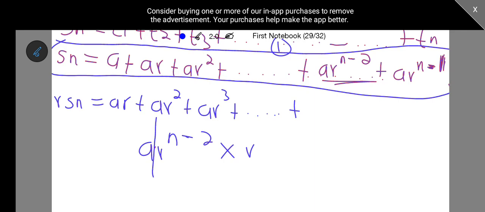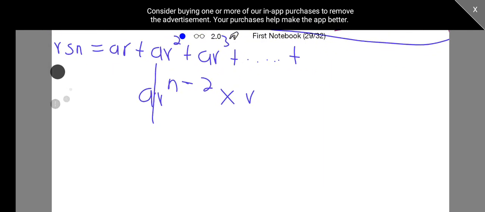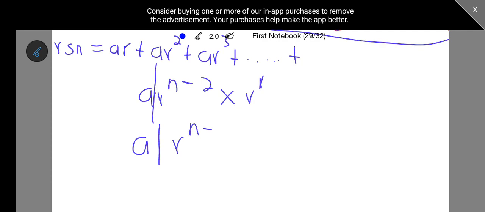Let's hide the a and pretend as if we don't know it exists. Do you still remember when we were doing the laws of exponents? We said that when you are multiplying the same bases, you keep them and you add the exponents. So we're going to keep the r in this case, because we're multiplying r to the power of 1 and r to the power of n minus 2. This is going to be n minus 2 plus 1.